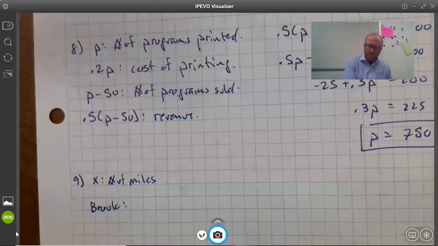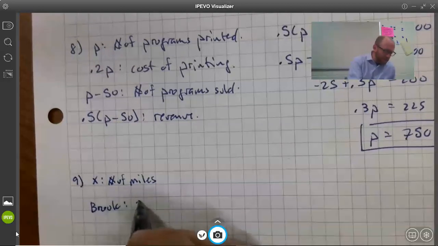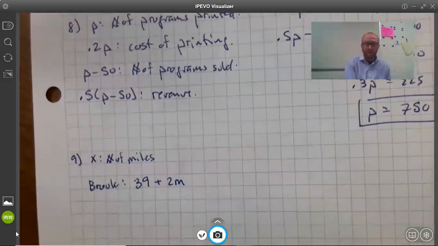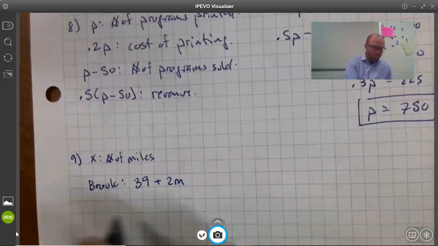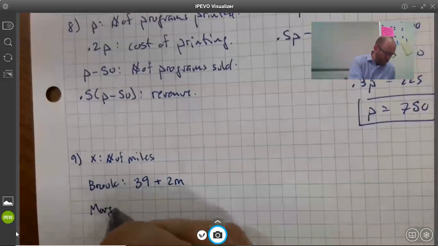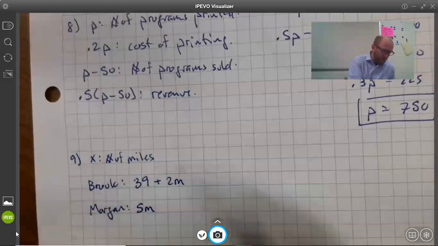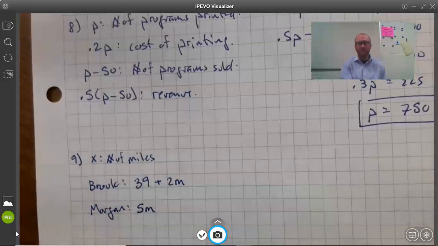Yeah, this will work. $39 initially, plus $2 per mile. And then for Morgan, it's just $5 per mile, so 5 times the number of miles.